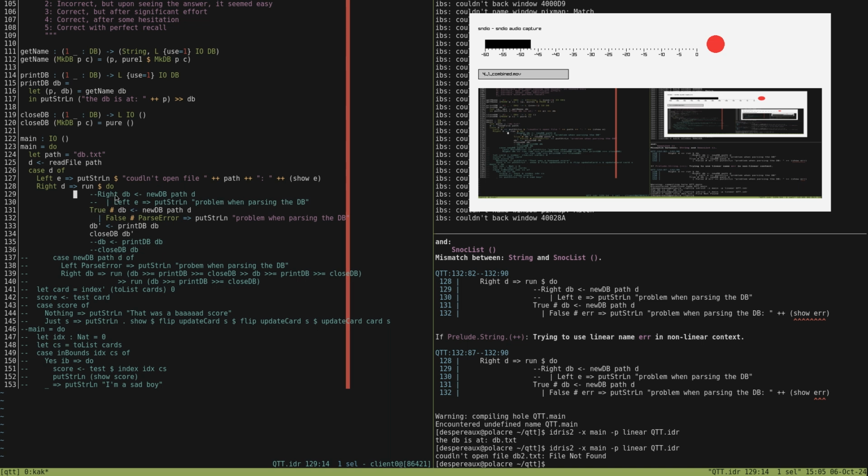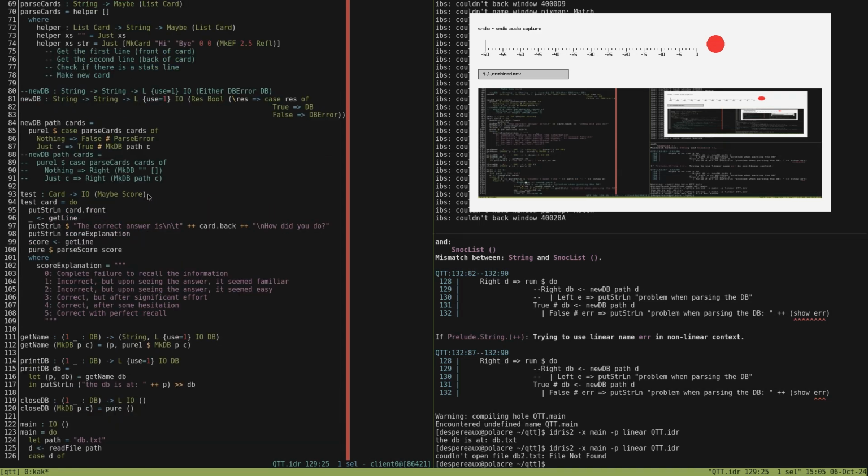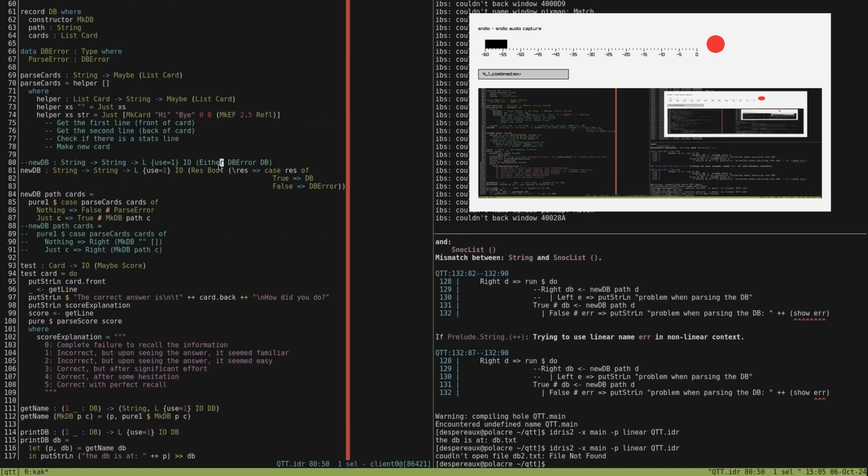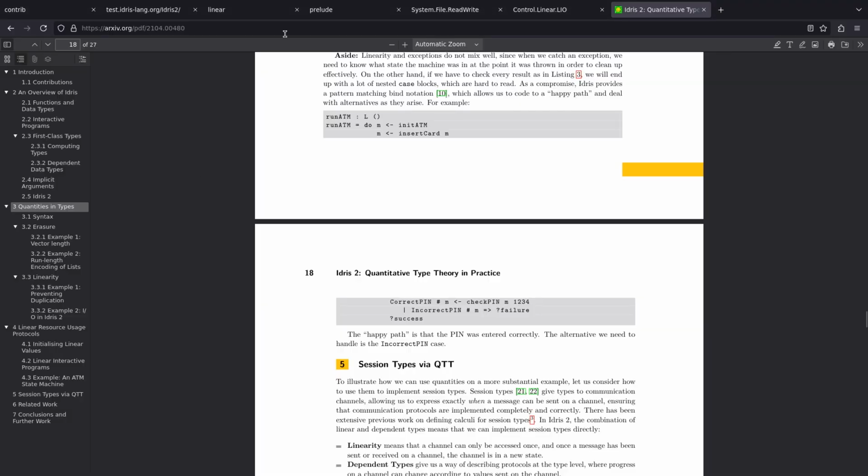Or everything inside of it stopped being linear. I don't know if everything inside of it was ever linear to begin with. I don't know how that works. Because maybe with this version, maybe yes, these things inside of it are linear, but the only way you can even access them is by pattern matching. So they stop being linear.